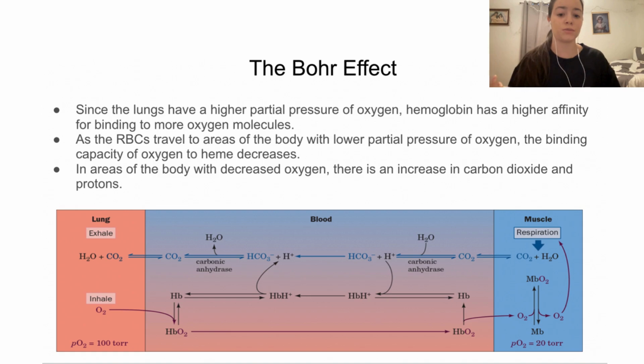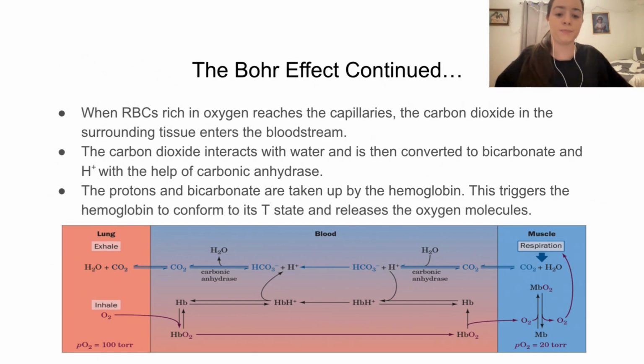When the red blood cells that are rich in oxygen reach other parts of the body that are not rich in oxygen, like the capillaries, the surrounding tissue has a lot of carbon dioxide, and that carbon dioxide will then enter the bloodstream through the capillaries.